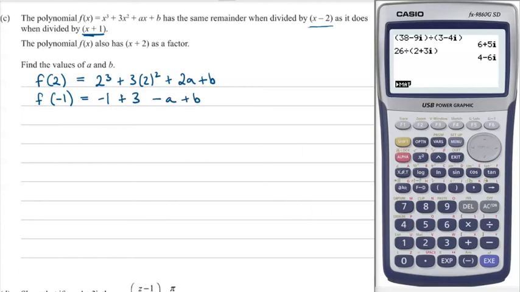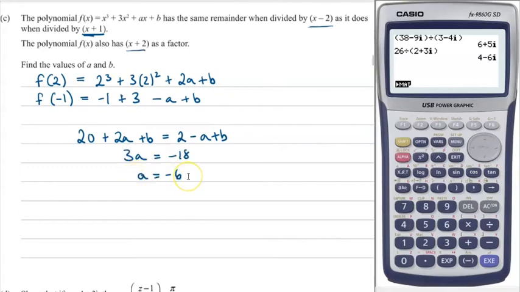Now we're told that this is the remainder theorem, so this will equal the remainder, this will also equal the remainder, and we're told that those two remainders are the same, so we can set these two equations equal to each other. So this is 8, this here is 12, so add that up, we've got 20 plus 2a plus b is equal to this other one, so minus 1 plus 3 is 2 minus a plus b, and I'm going to go on and solve that.